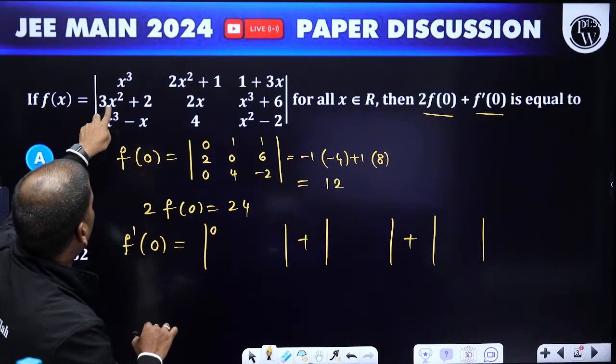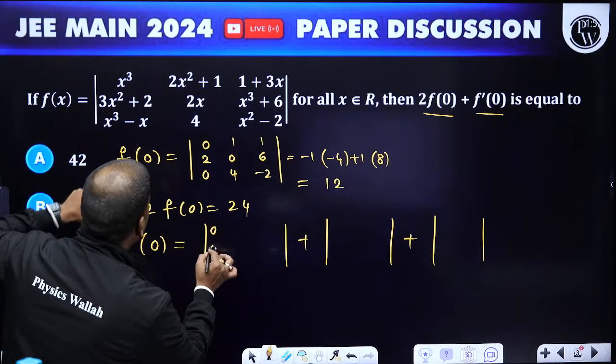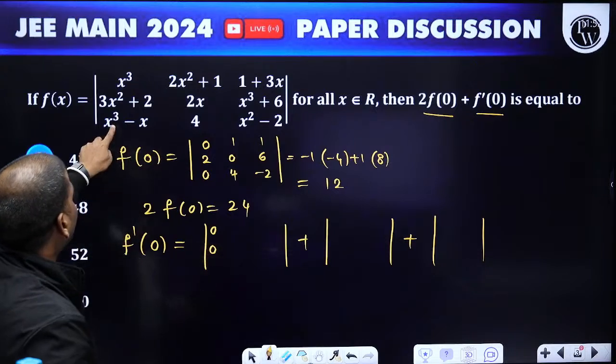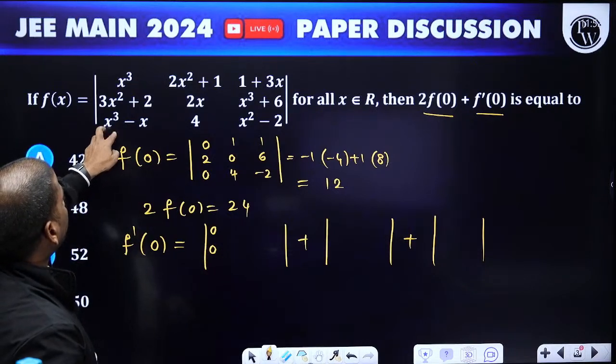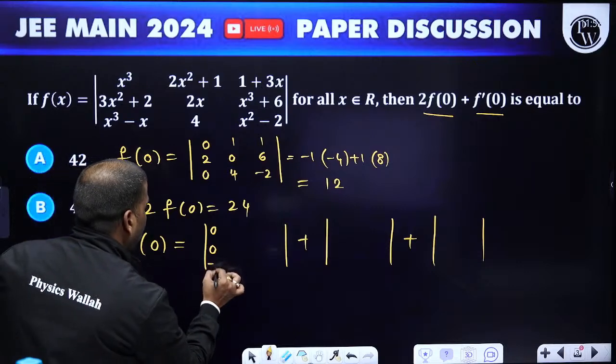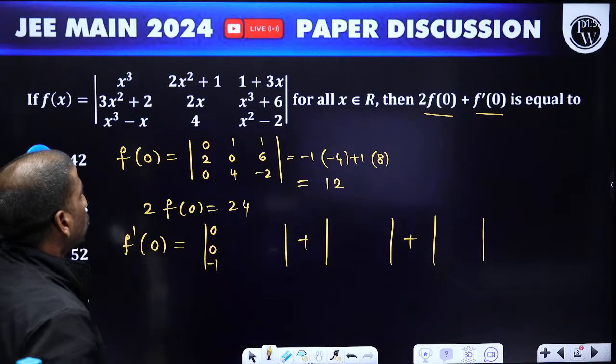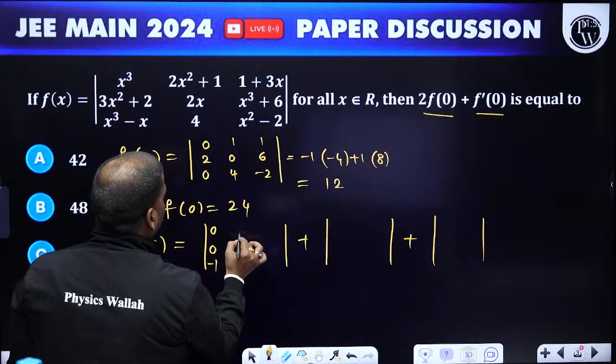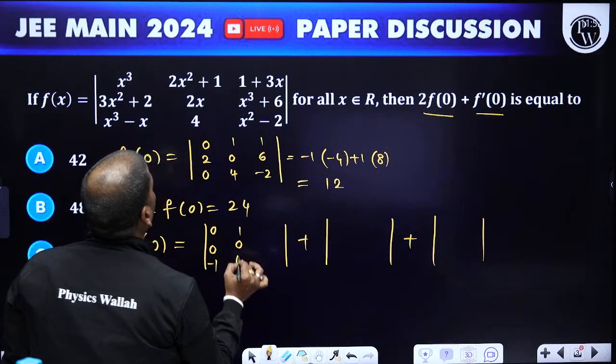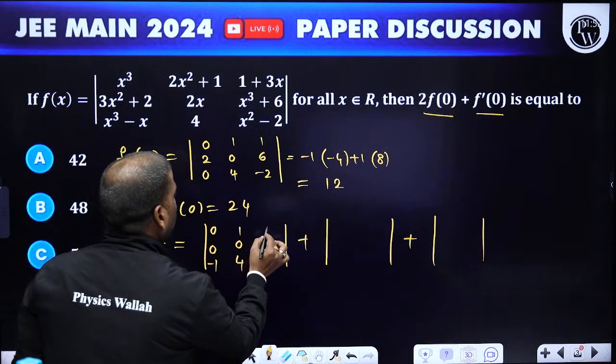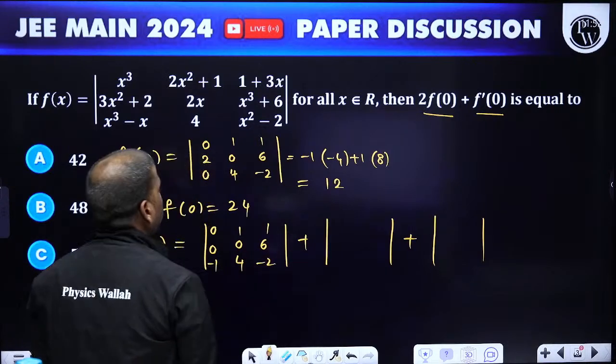This is also 0 because it's 6x, and this is also 0, right? So this is 3x square, that is 0, but minus 1 will be there. Minus 1 will be there. So coming to the second, as it is 1, 0, 4, no change in it. And 1, 6, minus 2, there is no change.